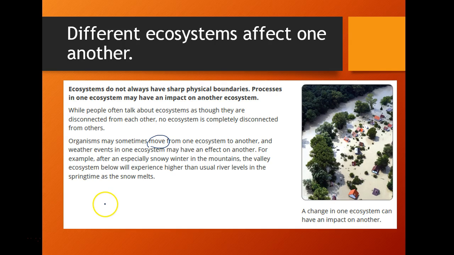Something that happens in one ecosystem, like a weather event, could affect a nearby ecosystem. For example, if there's a snowy winter in the mountains, then the valley ecosystem below will experience higher than usual river levels in the springtime as the snow melts. So although the organisms may not directly interact with one another, especially their abiotic factors could end up affecting each other in the long run.